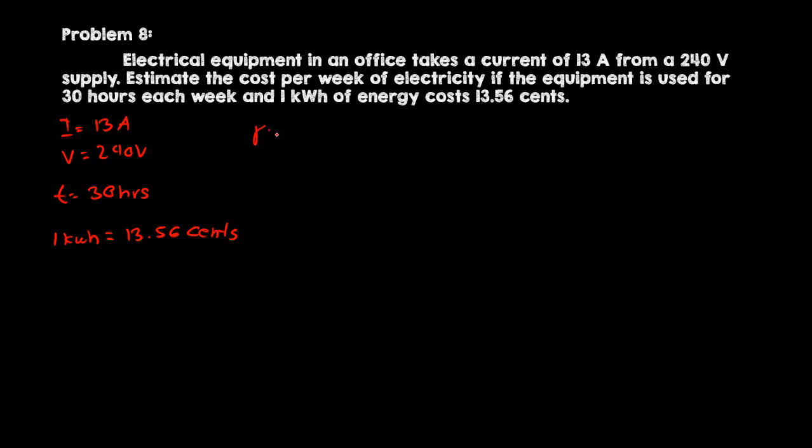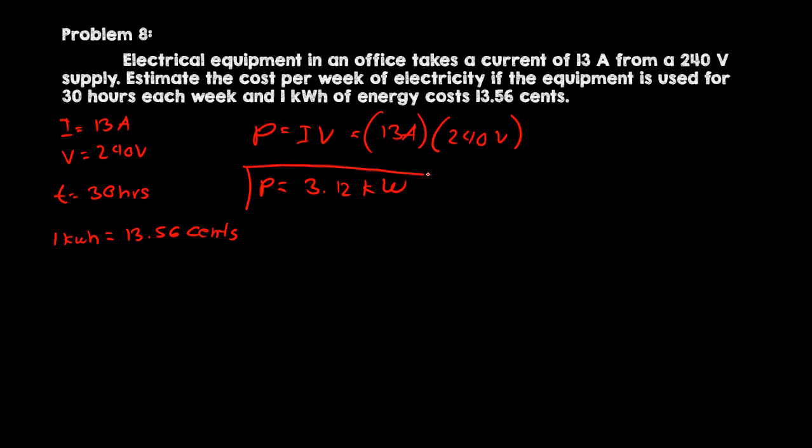So, power is equals to current times voltage is equals to 13 amperes multiplied by 240 volts. And our power should be around 3.12 kilowatts. And that is our power.